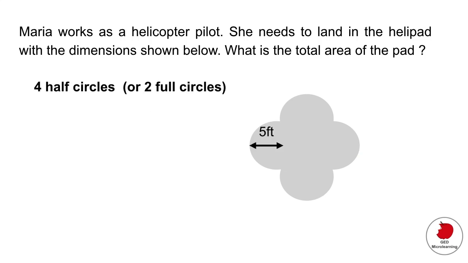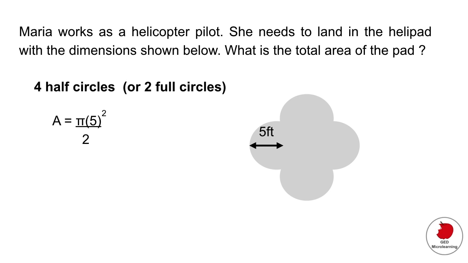And then you can either find the area of 2 full circles or 4 half circles. For some reason, I decided to do it with half circles by dividing this formula by 2. But you don't have to. I just decided to complicate my life.